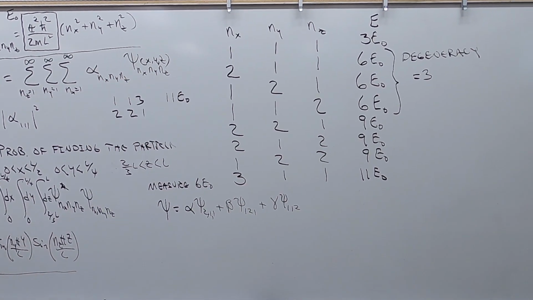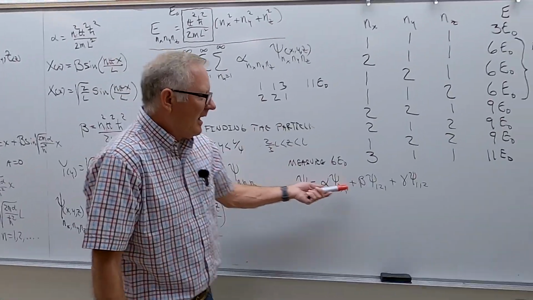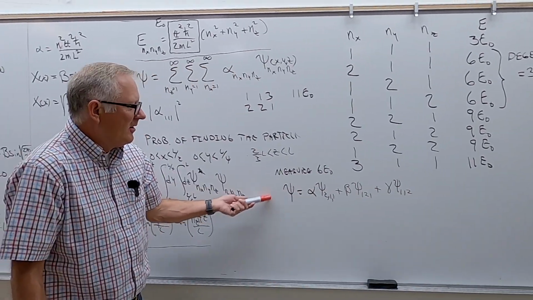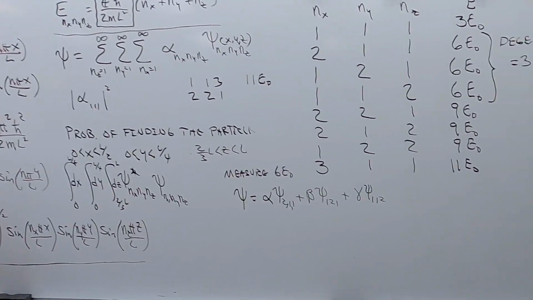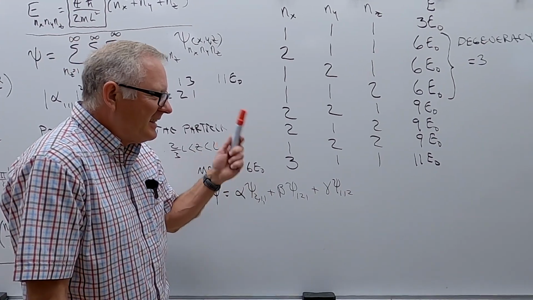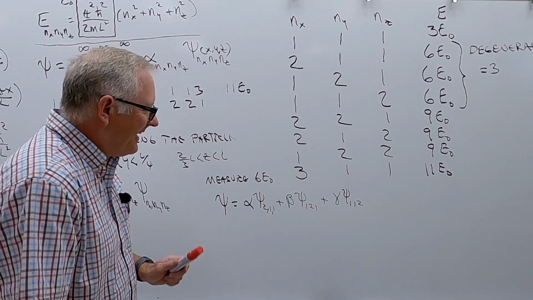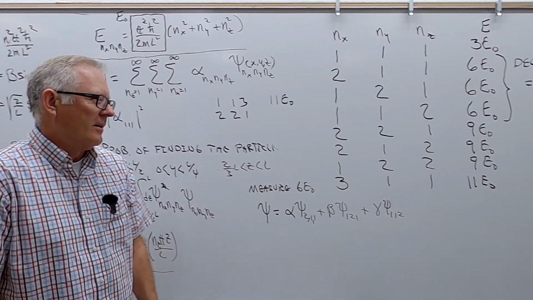So I don't get to bring it down to the exact wave function that I want. I can only bring it down to a combination of these 3 right here. If I wanted to get the exact wave function, I have to do something to whittle this down even more.